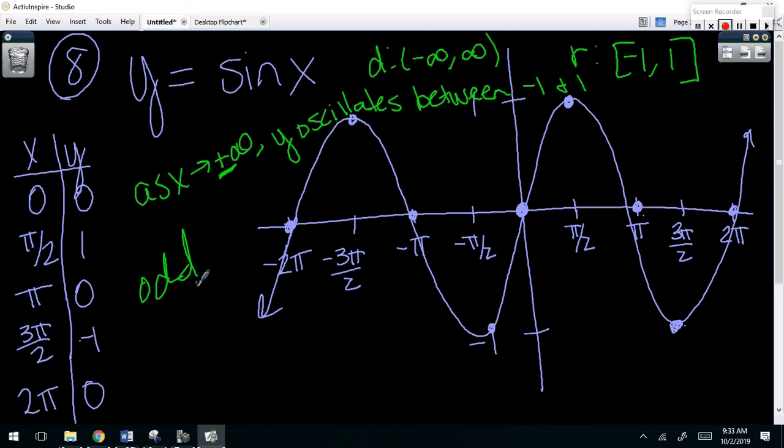Let's do cosine then. All right, cosine, number 9. This is going to be the same kind of thing. I'm going to set up my graph, going by half pies.